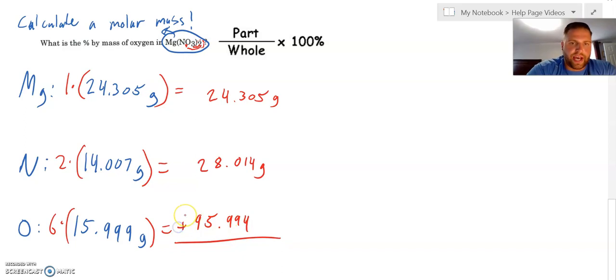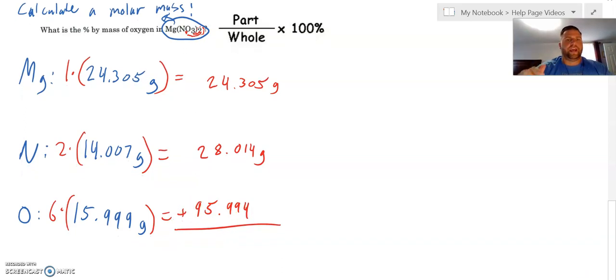So last step is I want to take all of these masses and add them together to come up with the total. So let's go ahead and do that. And here's my total. 148.313 grams.